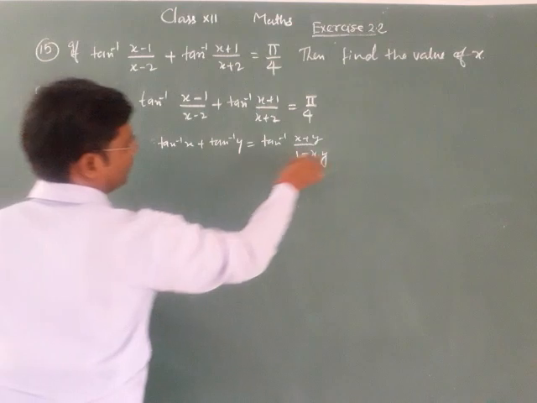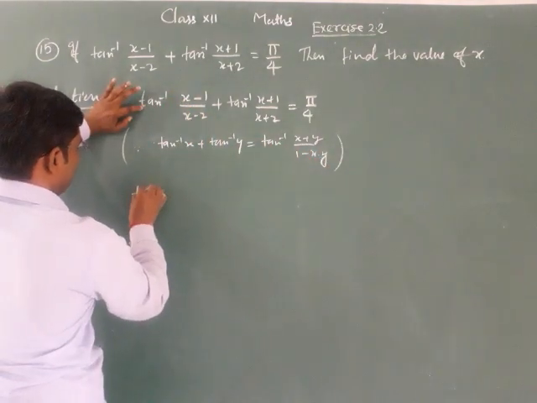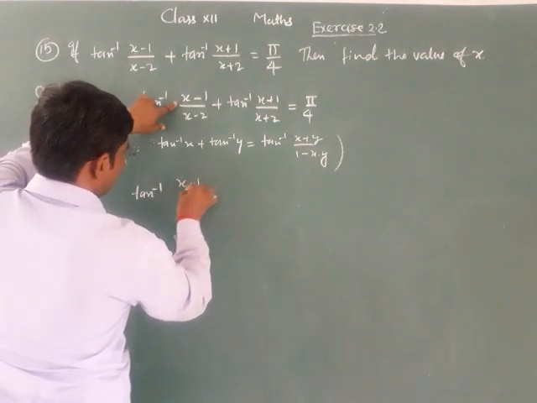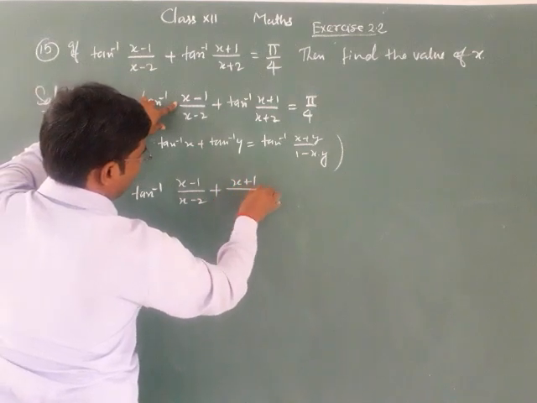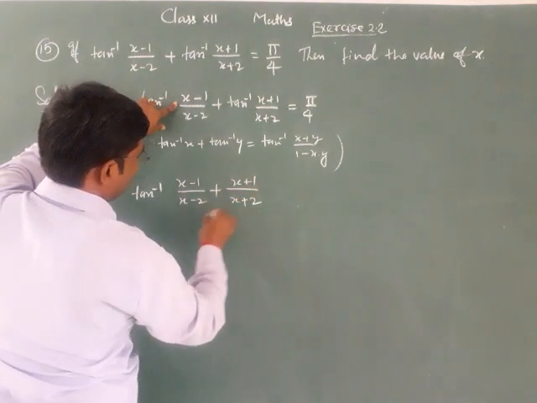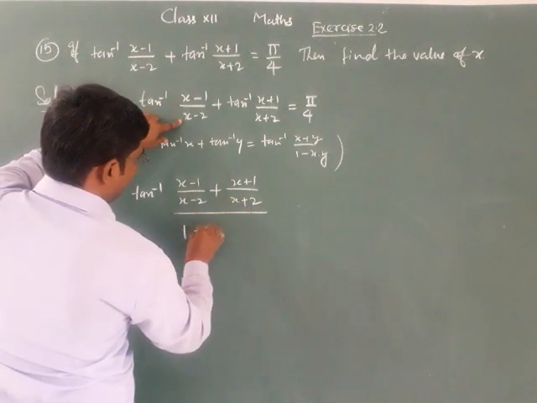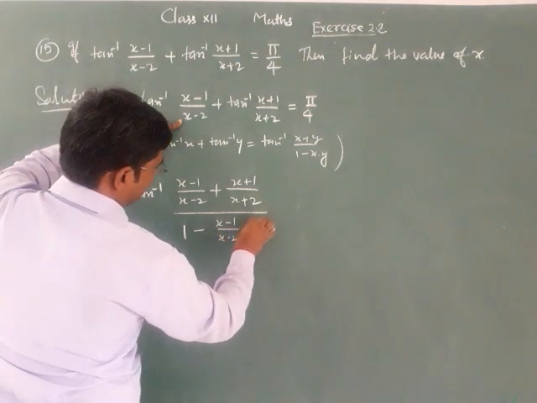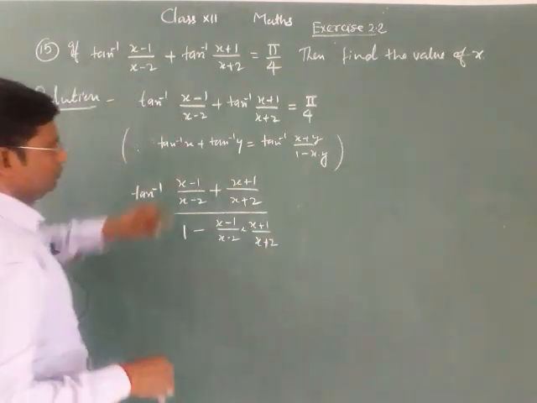Using this formula you can write tan⁻¹ of ((x−1)/(x−2) + (x+1)/(x+2)) upon (1 − (x−1)/(x−2) × (x+1)/(x+2)).